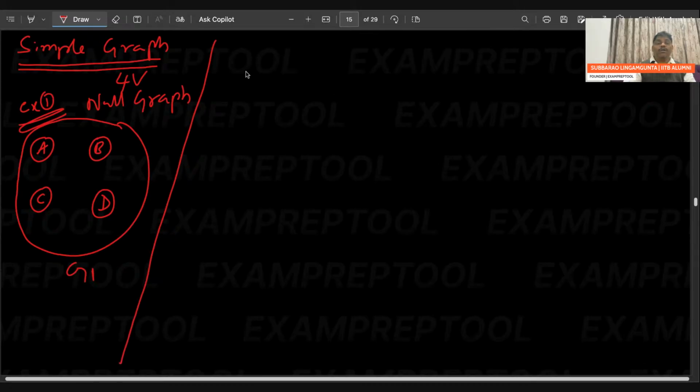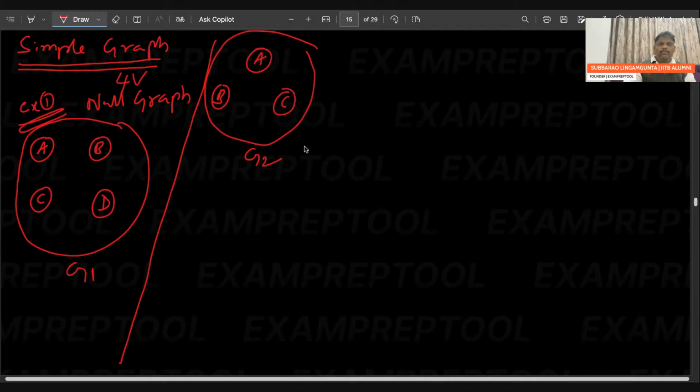Next, one more null graph. Can you see this one? It is also a null graph. It is G2. It is going to be a 3 vertex null graph. Null graph means 0 edges.